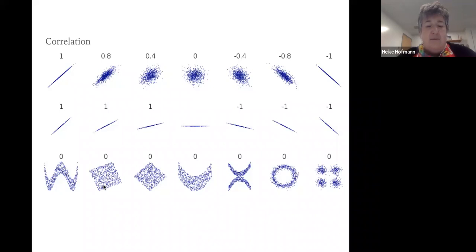It just means that we don't have a linear dependency between X and Y. So keep that in mind when you're looking at correlation. A correlation of 0 does not mean that we're necessarily in this situation. It could be one of these situations as well. So bottom line is always look at scatter plots too.